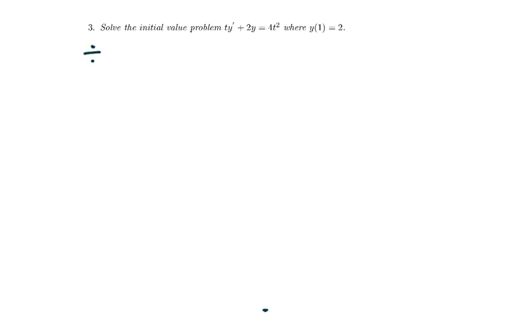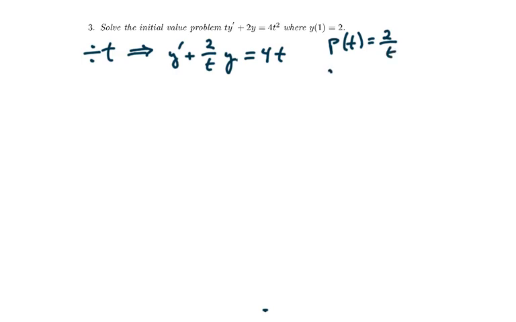So dividing by t is going to produce y prime plus 2 over t times y equals 4t, and where p of t is 2 over t and g of t is the 4t.